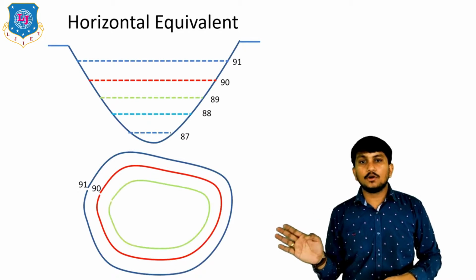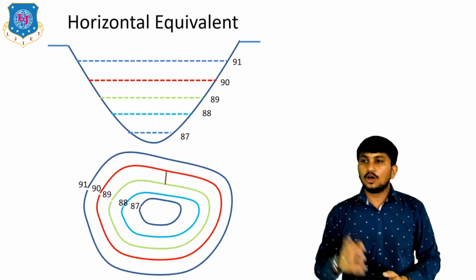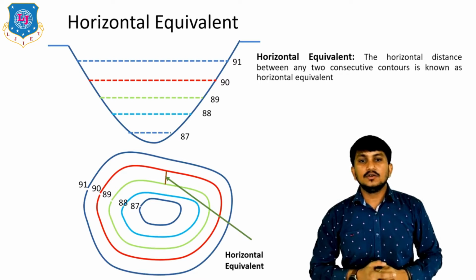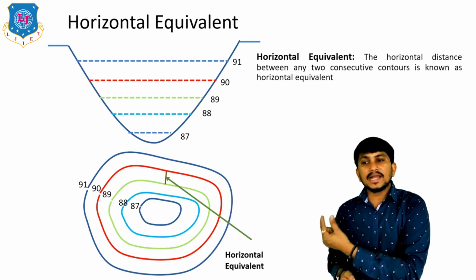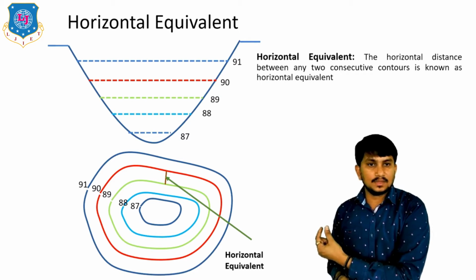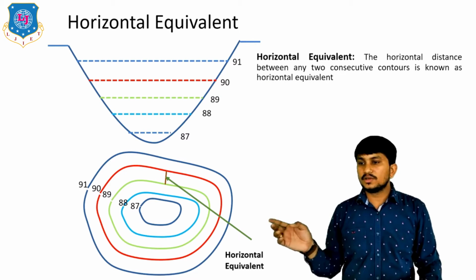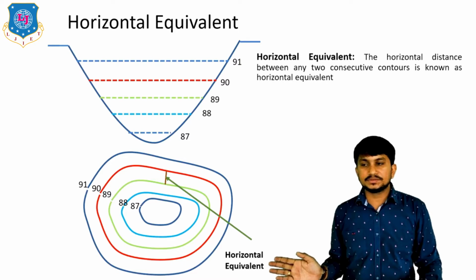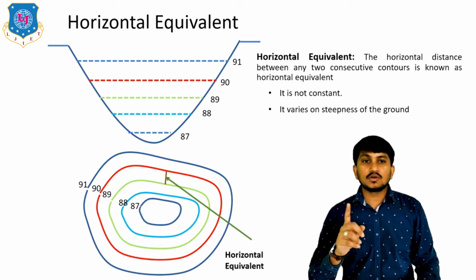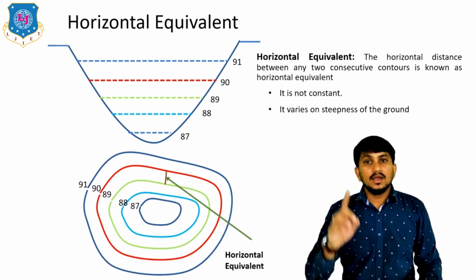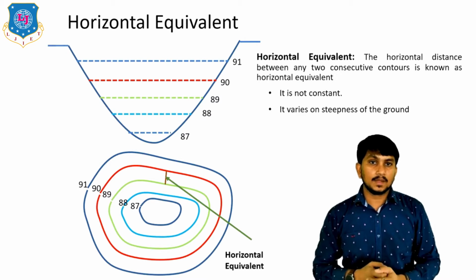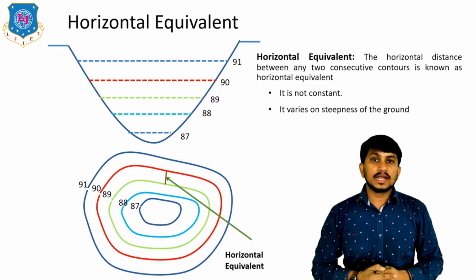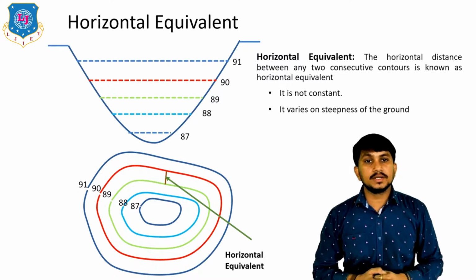This is the contour map of a pond, of the above figure. What is horizontal equivalent? It is the horizontal distance between any two consecutive contour lines. You can clearly see that the horizontal equivalent is not a constant value. Contour interval should be constant for the survey work, but horizontal equivalent cannot be constant because of the ground conditions.